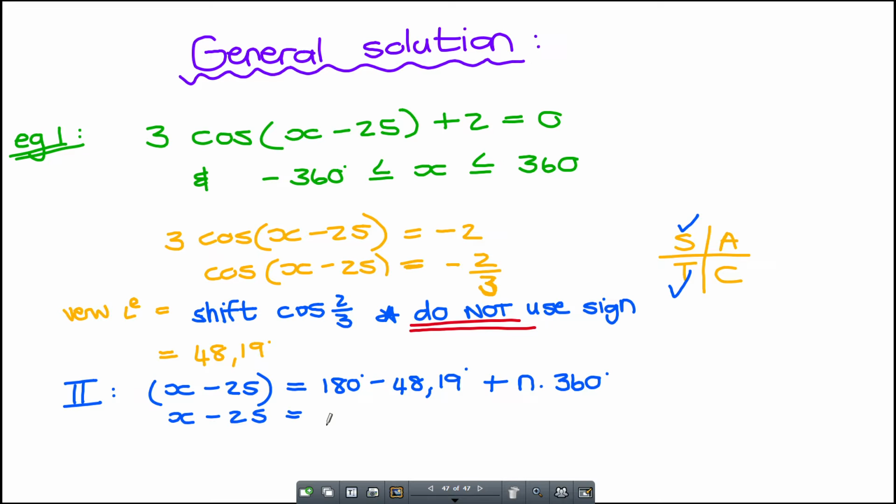Okay, so 180 minus the 48.19 is going to give you 131,81, and then that minus 25, if I take it over, it becomes plus 25, and ons kom by 156,81 plus n times 360. Is julle reg? Everyone find how we got there?